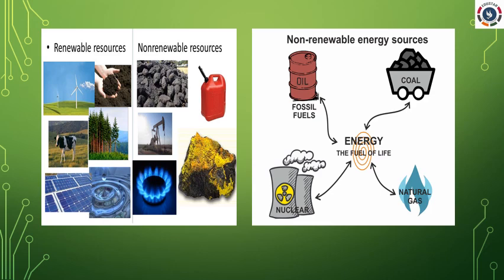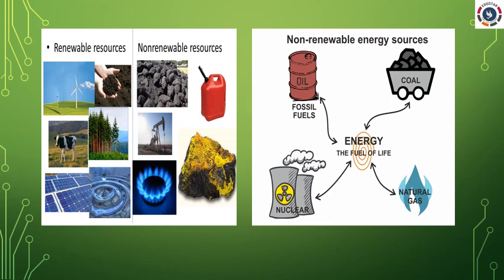Non-renewable resources are those which cannot be replaced. They are available only in a fixed amount and cannot be remade. For example, fossil fuels, iron, uranium, petroleum, coal, etc. So what is meant by fossil fuels?